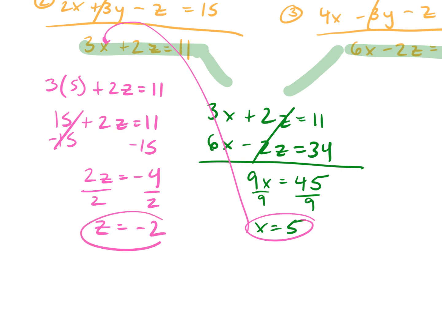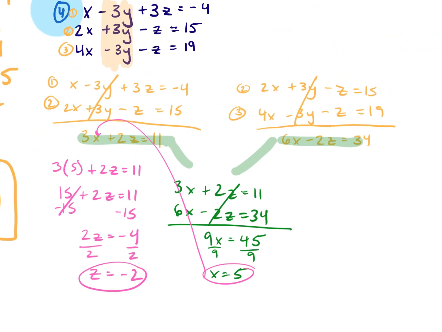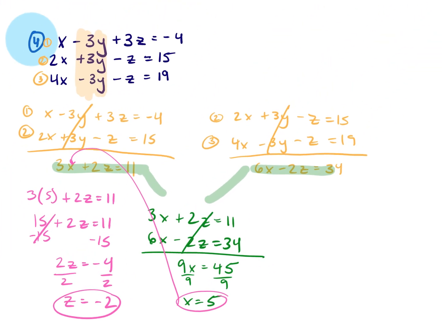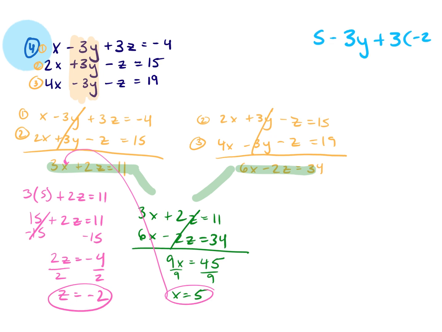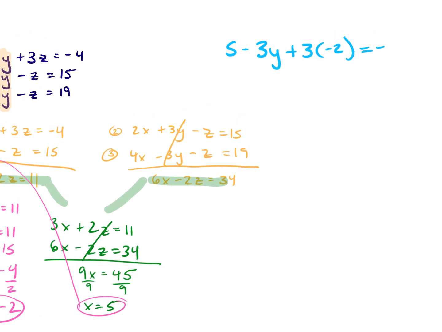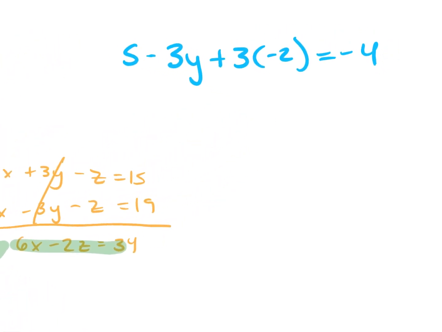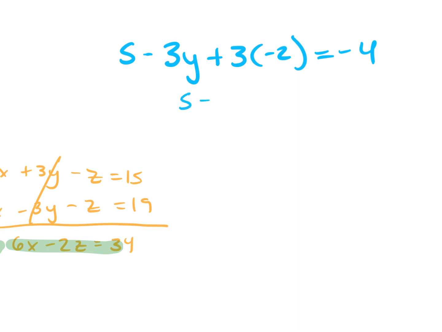Are we done? No. What do we do next? Plug it into one of the originals. So I'm going to plug it into the first one. 5 minus 3y plus 3 times negative 2 is equal to negative 4. So 5 minus 3y minus 6 is equal to negative 4. 5 minus 6 would be negative 1.